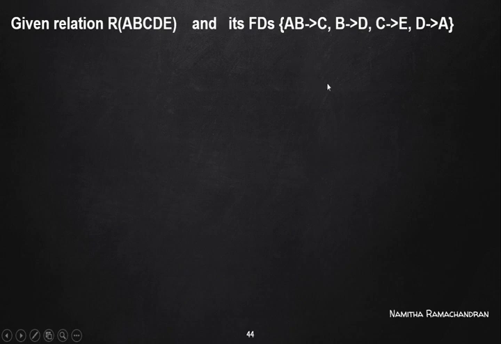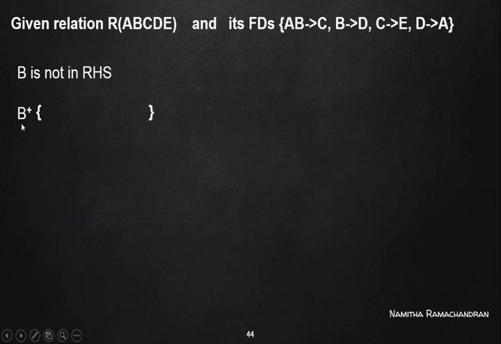If there exists any such attribute, it is clear that that particular attribute must come in all the candidate keys. Here there exists one such attribute, that is B, which is not present in the RHS part of our given functional dependencies. So start from the minimal set.